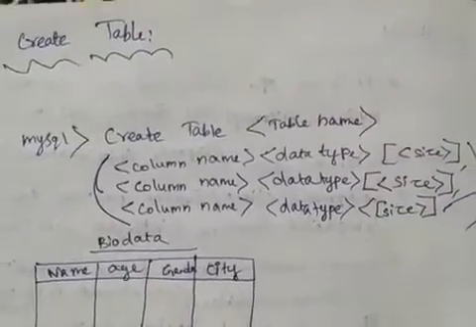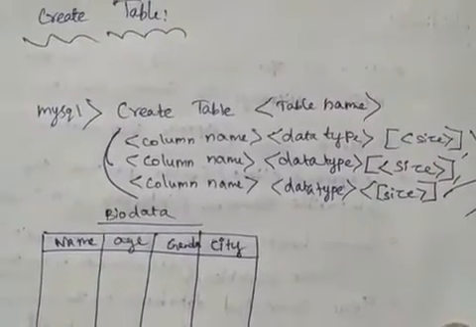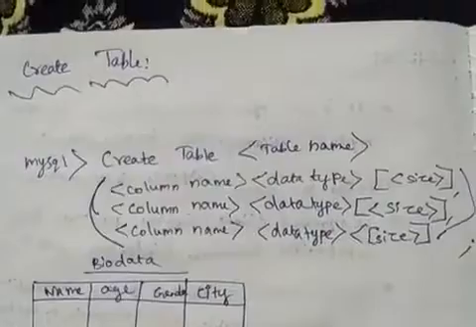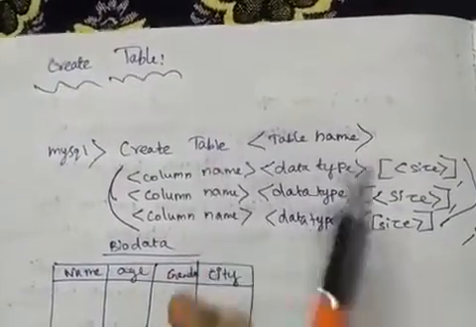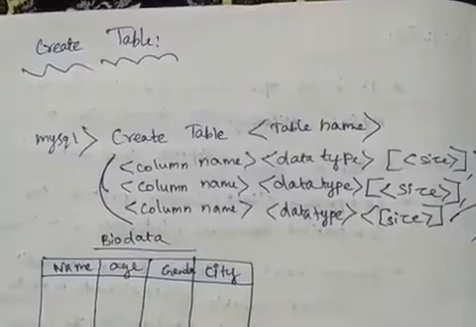Here we are going to see the command to create a table in MySQL. We are using the command create table. To create a database, what command did you use? Create database.